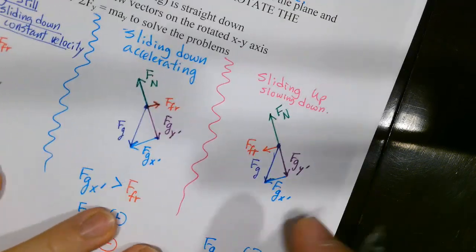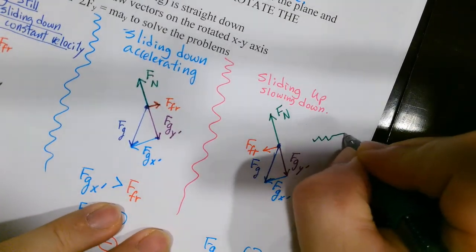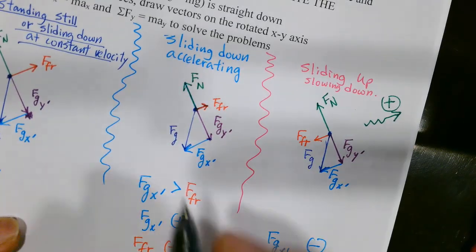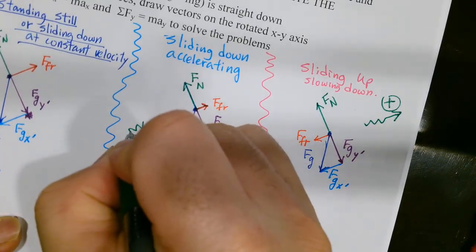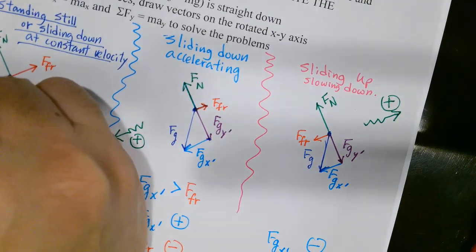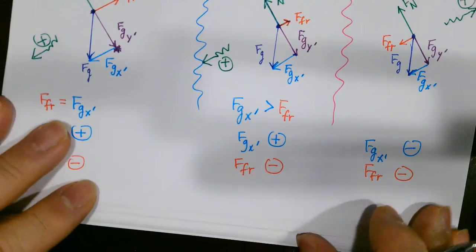So you could say that this direction here is positive, and you can say this direction here is positive, and this direction here is positive.